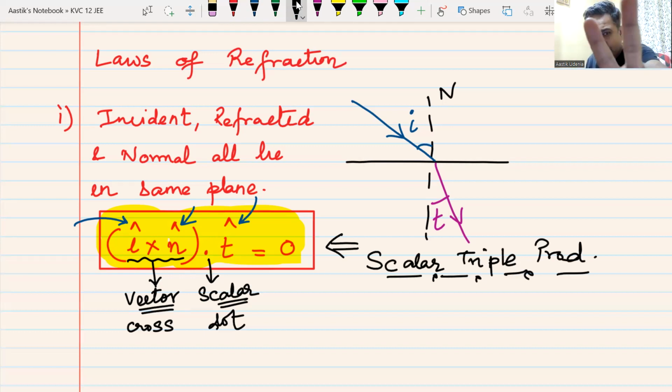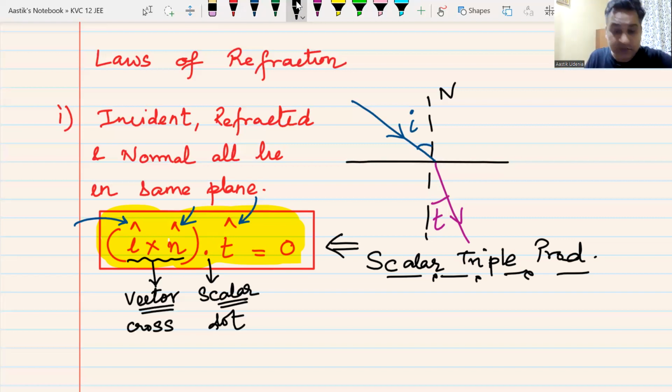And whatever vector I get is multiplied by dot. The final result is a scalar, and therefore it is known as scalar triple product. And remember, whenever three vectors are coplanar, they lie in the same plane, the scalar triple product becomes 0. Can you remember this?